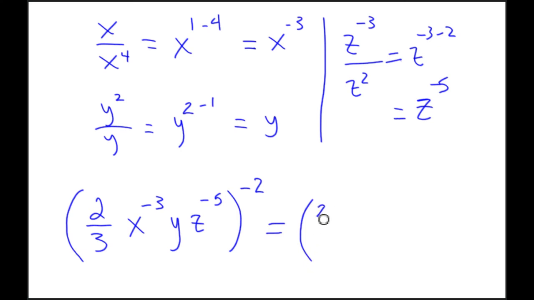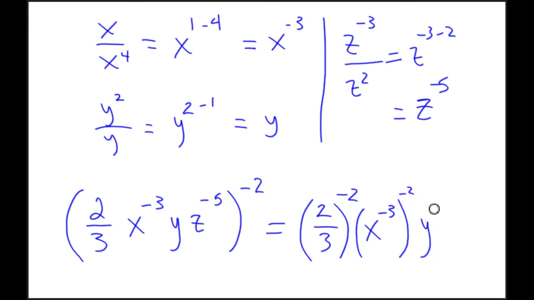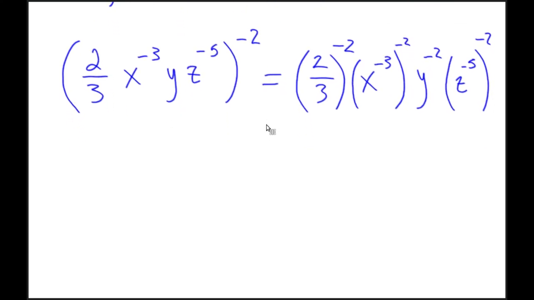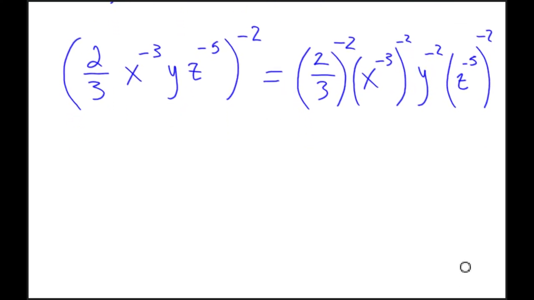So we take our constant term, 2/3, and that's going to be to the negative 2. Then x to the negative 3 raised to the negative 2, and y to the negative 2, and then z to the negative 5th to the negative 2. We've talked about how to deal with these types of terms before as well.